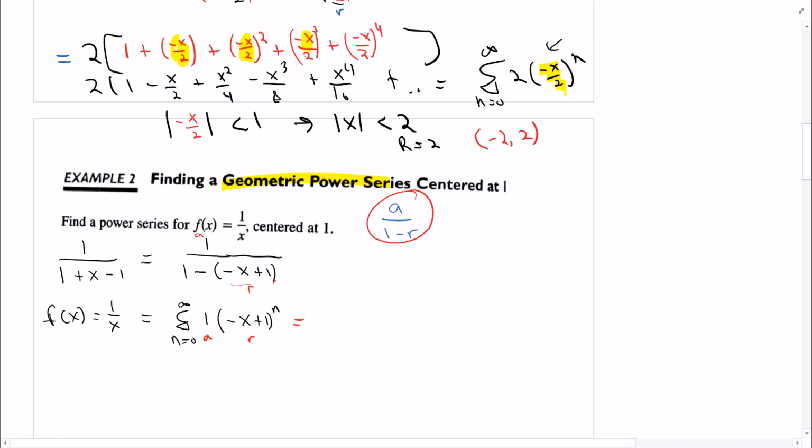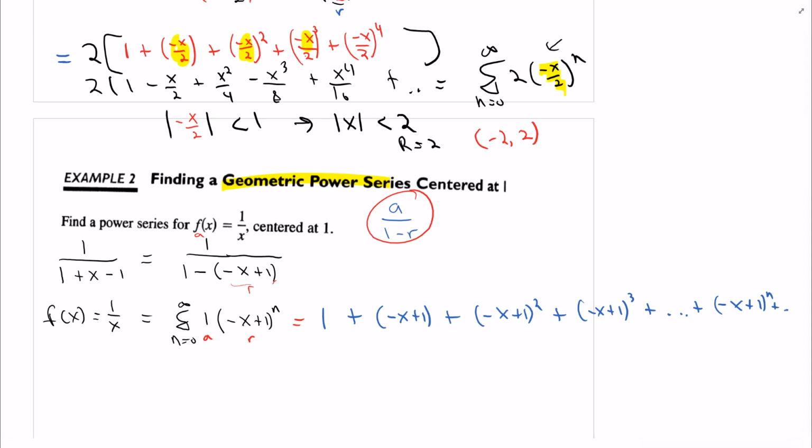So it's going to be 1, because there's no x, plus negative x plus 1, plus negative x plus 1 squared, plus negative x plus 1 to the third, plus dot dot dot, basically just negative x plus 1 to the nth power, and we just keep adding and it'll be equal. And again, we could clean this up if we wanted to.